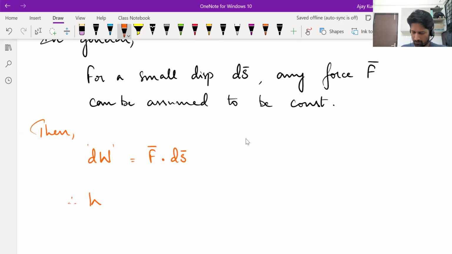And if you want the total work done, as the variable force takes the object from one place to another place, you'll have to add all the small amounts of work done. So you'll have to take integral F dot ds. That will give you the work done by a force in general.